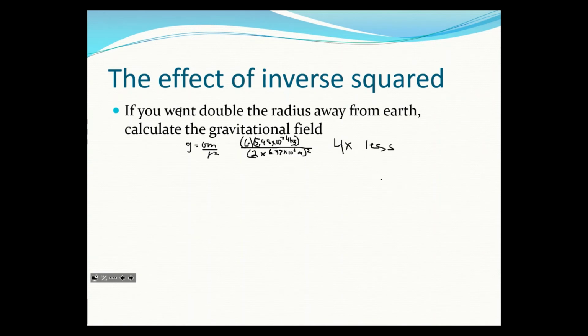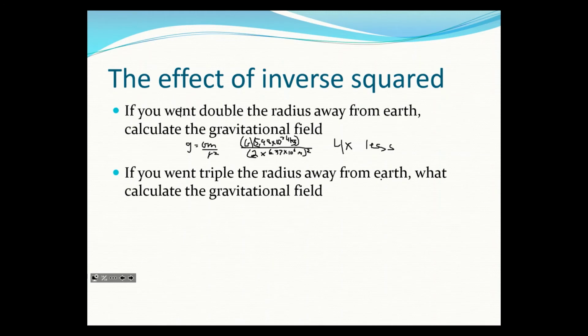Right? What if you went triple away? Well, there's a pattern to this, right? Let me switch my colors here. When we double the radius, what happens is this double gets squared. So we're not making any changes up top, but we are making changes to the bottom, so we end up quartering it, right?